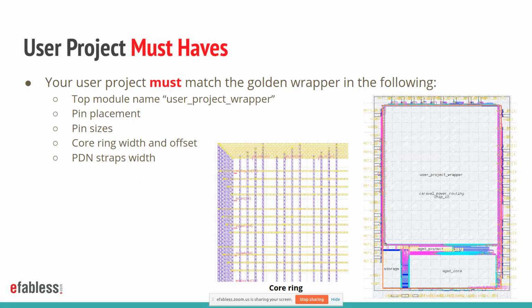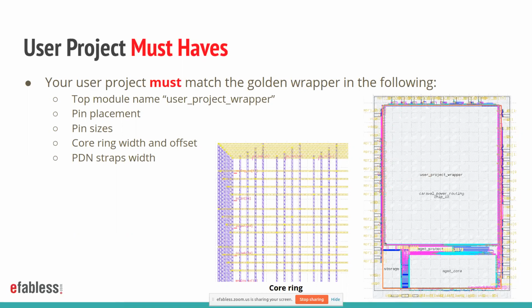So if you change the pin location or the pin size, you will risk having DRC and LVS issues in your design. You will also need to have the same core rings and the same strap widths as the golden wrapper. And this is also because the power routing is pre-planned with the golden wrapper in place.